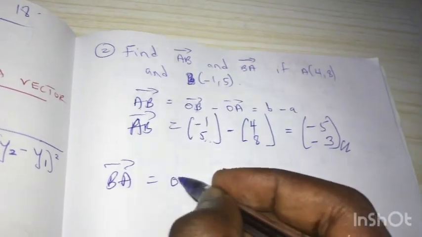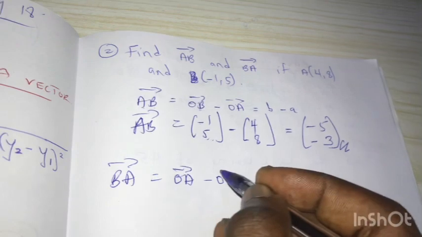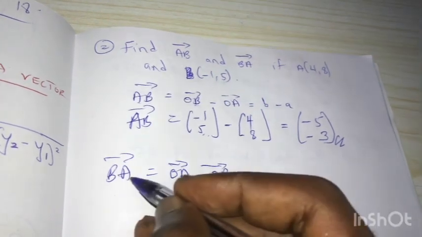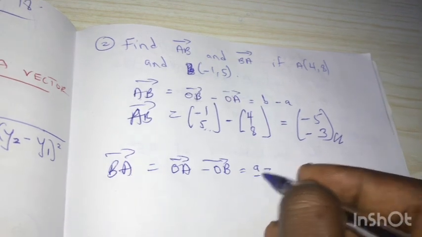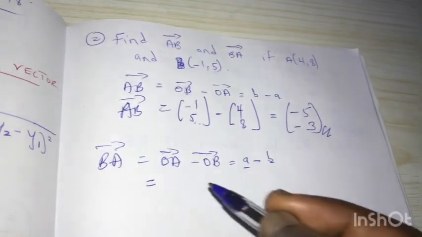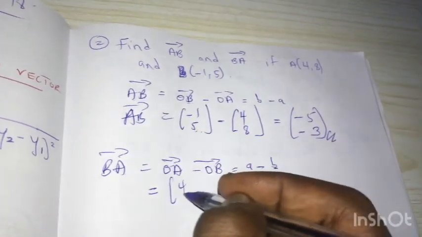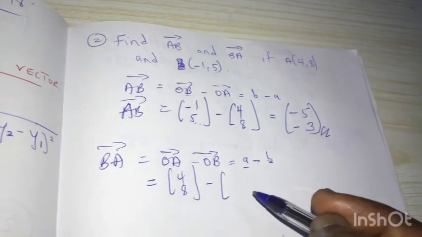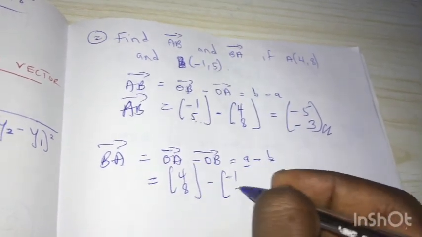Exactly. So OA minus OB, the second one minus the first one, which is the same as small a minus small b. Now what is the OA from the question? 4, 8, minus the OB from the question, negative 1, 5.